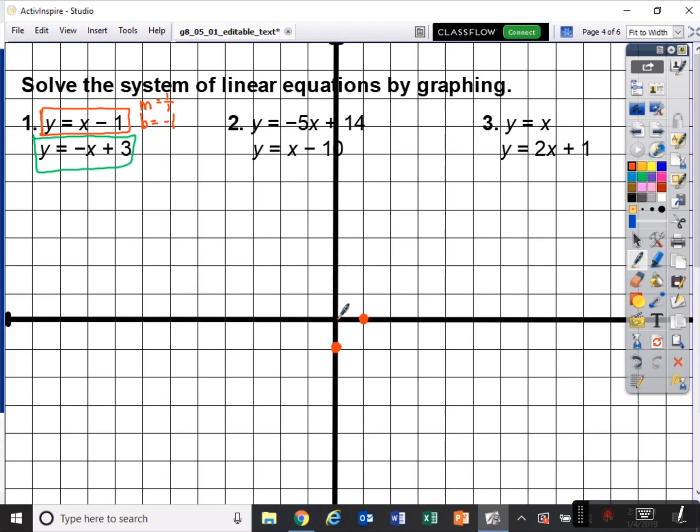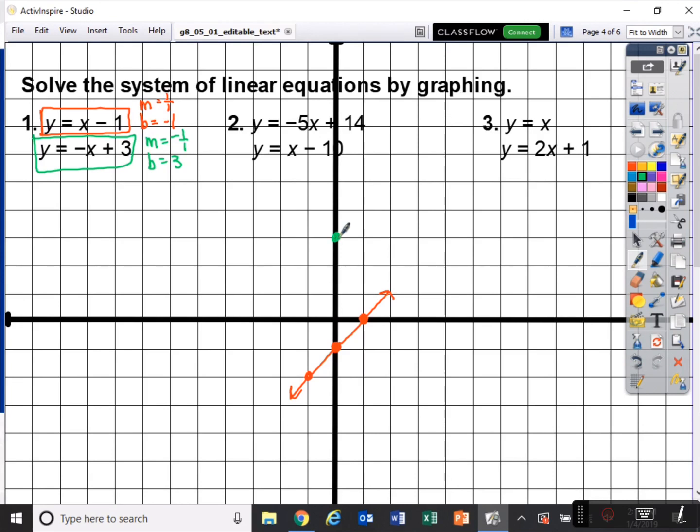Instead of up 1 over 1, I go down 1, and then to the left 1. All right, switch to my green one. Slope is -1 over 1. Y-intercept is +3. So remember, we start at the y-intercept, +3. Slope -1 over 1.